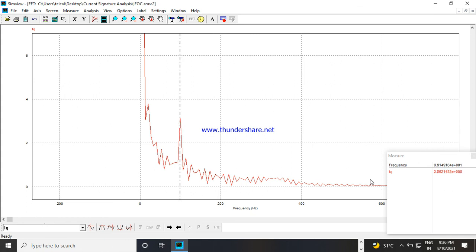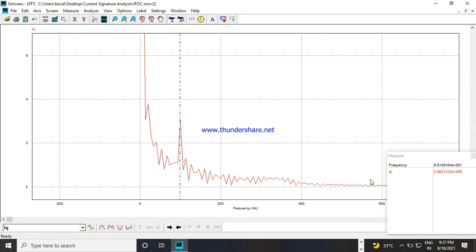So now you see, actually there is a fault in my driven equipment, but it is very easy to predict what kind of variable torque requirement is there in my driven equipment by taking the current signature from my motor.